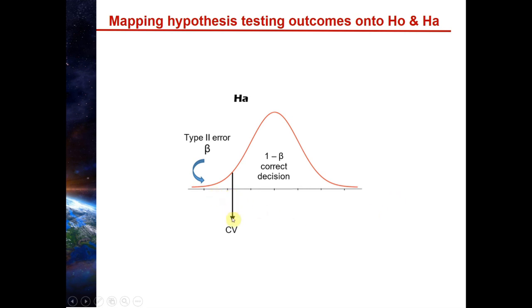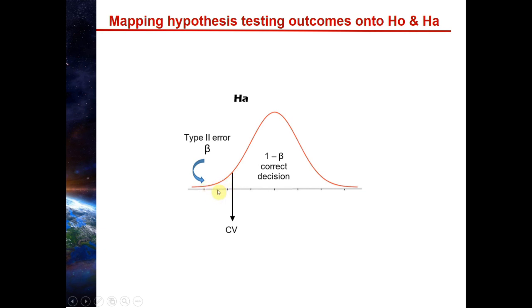So if it's below the critical value, it's going to be on this side. Okay, so you have a TS here. Now it's under the critical value, so what would we have done? We would have retained H0, right? But you see how these values could also belong to HA? They fall under the HA curve.